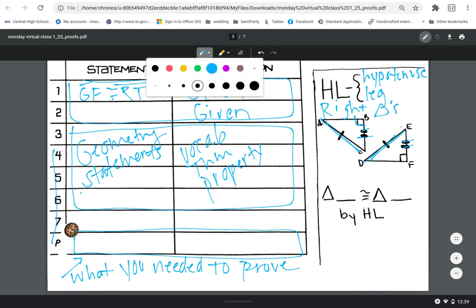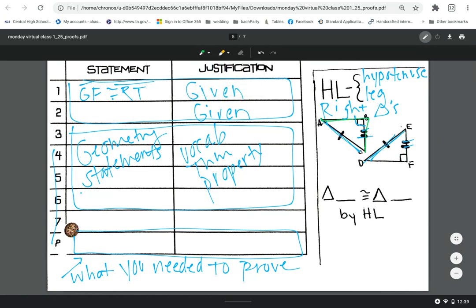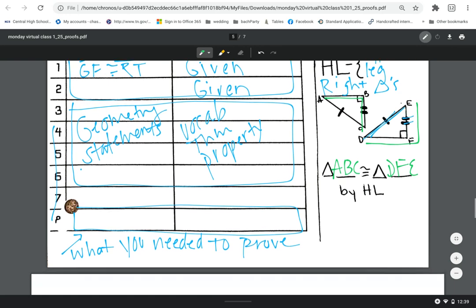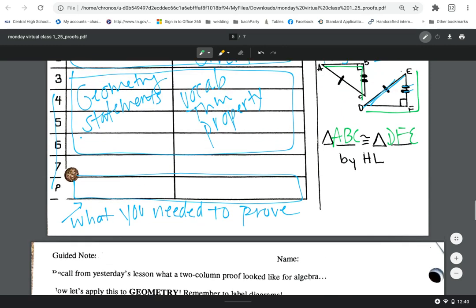Okay, so we're going to name this in the same direction. You don't have to do an alphabetical order, but we're just going to. So triangle A, B, C would be congruent to triangle D, F, E. You have to name them in the same order, by HL.